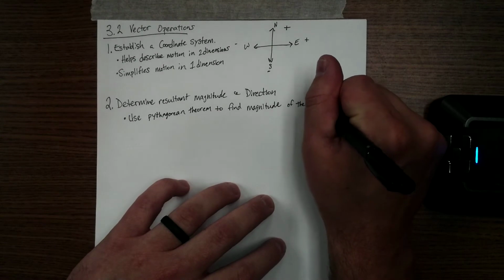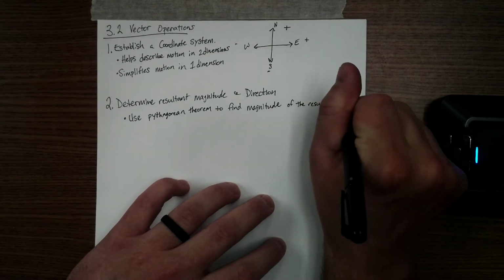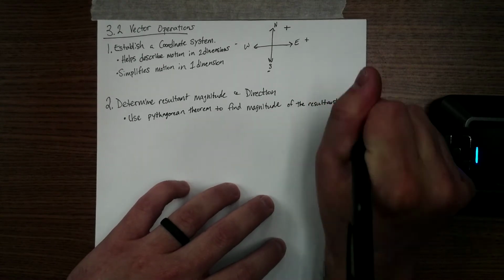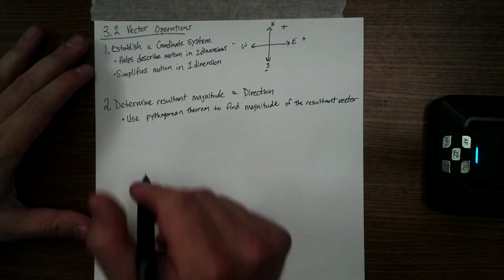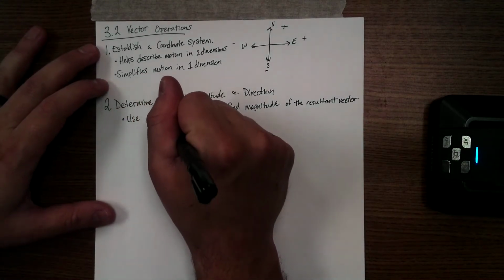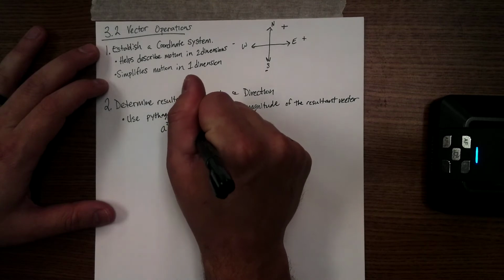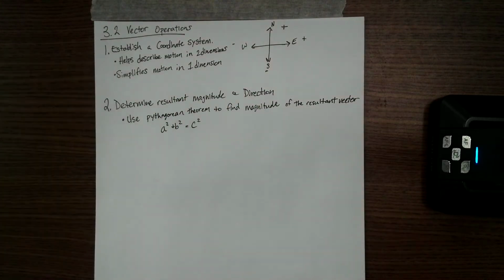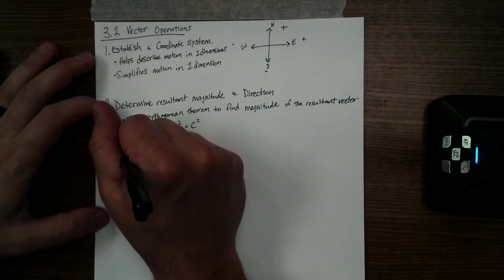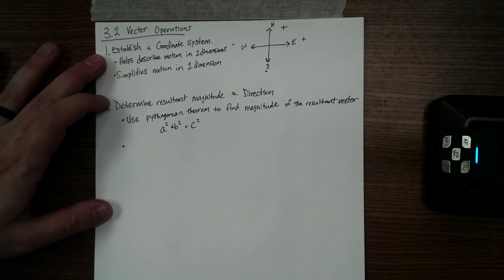We're going to use that, and again, you just have a squared plus b squared is equal to c squared. Alright. We are also going to, this could be a little bit new, we are also going to use the tangent function on your calculator.